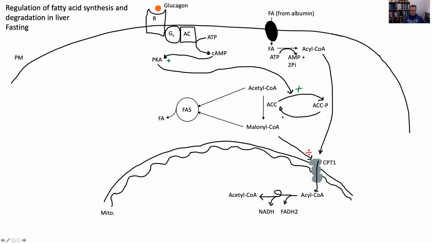Then we also know that malonyl-CoA is an extremely strong inhibitor of the rate-limiting step of beta oxidation, namely the first enzyme in the carnitine shuttle system known as CPT1, or carnitine palmitoyltransferase 1. So simply by phosphorylating acetyl-CoA carboxylase to an inactive form, we will produce less malonyl-CoA.